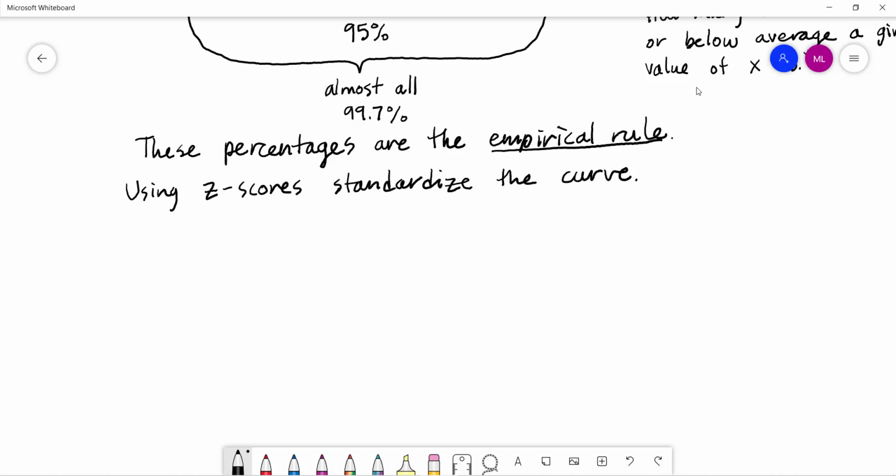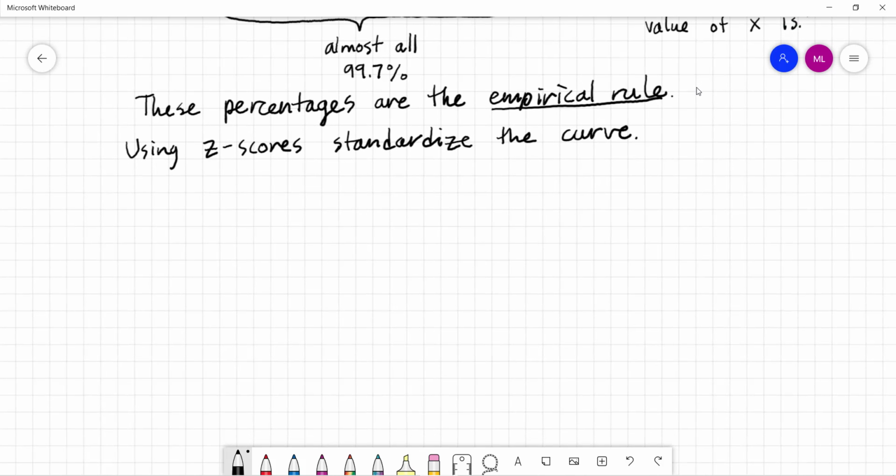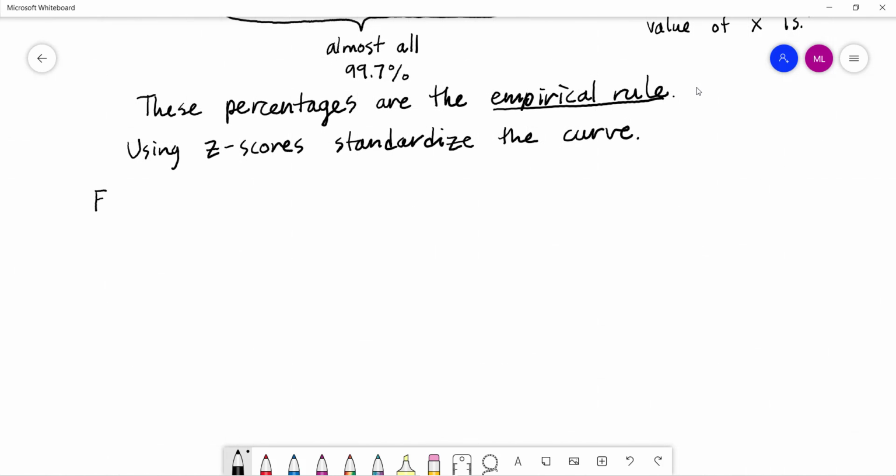So what do I mean by that? Well, let me give you an example that can maybe put this into context a little bit better. Okay, so let's say we're talking about something related to, I don't know, lifespans of dogs.